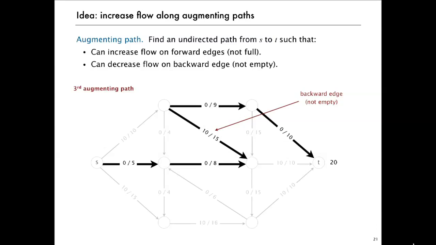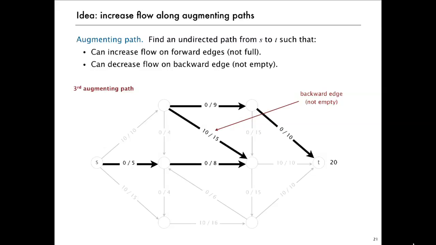That is, we can augment the flow along an augmenting path by adding flow to forward edges and subtracting flow from backward edges. The maximum amount of flow that we can push through is the remaining capacity in forward edges and the amount of flow in backward edges. You can't remove more flow than is there.